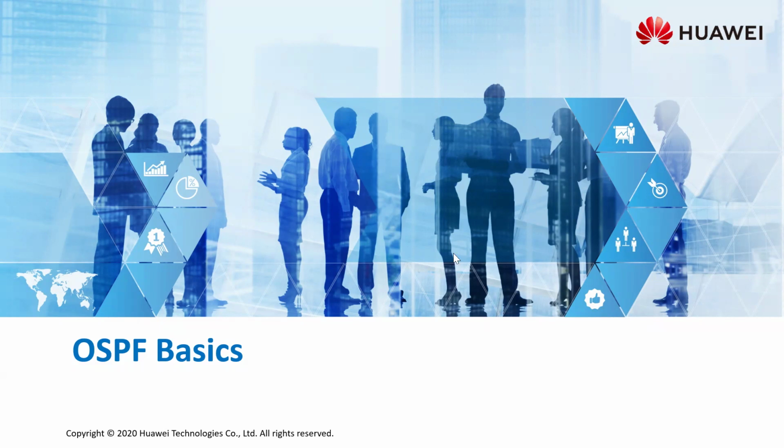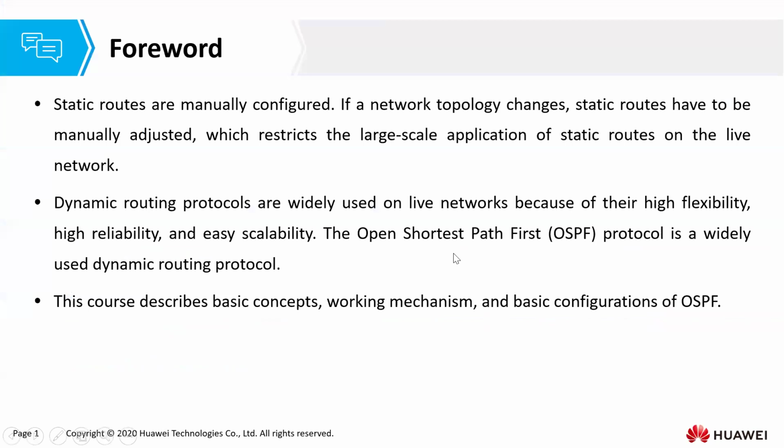So static routes are manually configured. If a network topology changes, static routes have to be manually adjusted, which restricts the large-scale application of the routes on a live network. So basically, static routes work perfectly fine on small networks because they're very easy to configure.